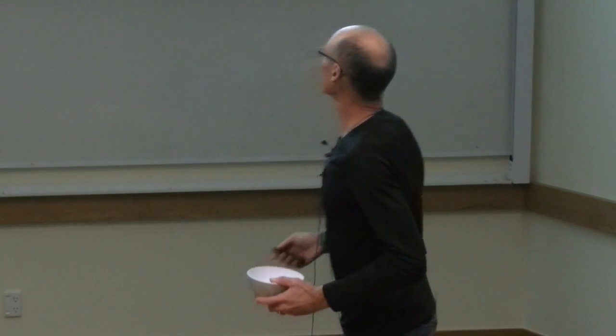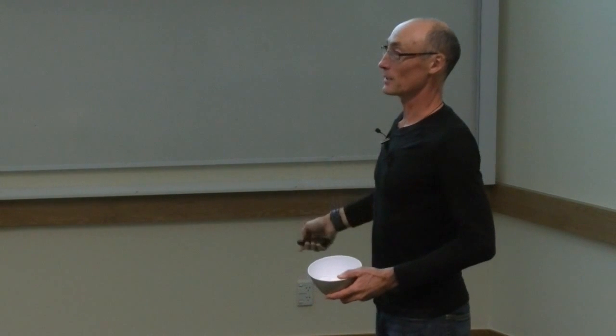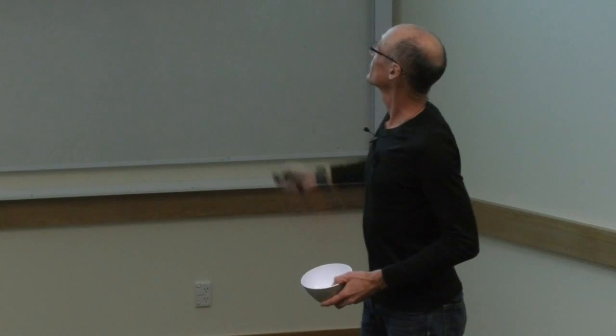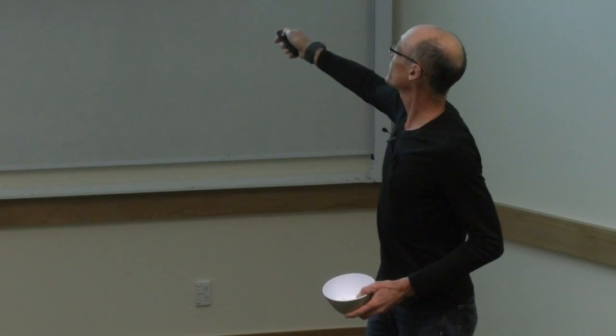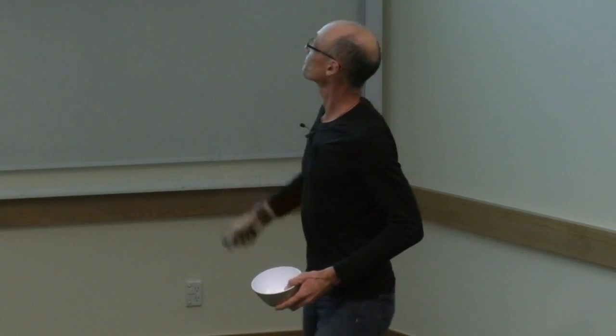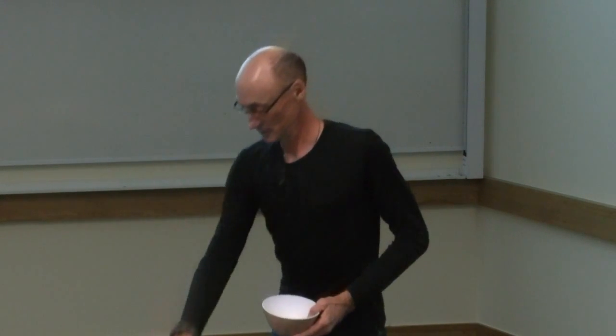Well, the probability I make that first step is a half. What's the probability I make the next step? So I either have to go there or there. There's three possibilities, but two of those three possibilities would give me three on one side and one on the other. Okay?